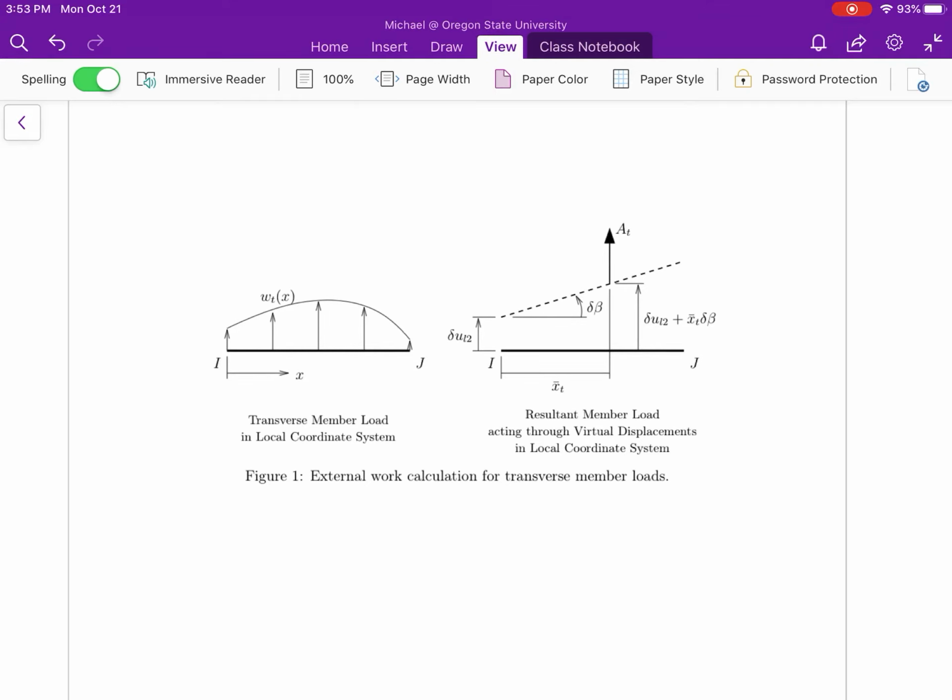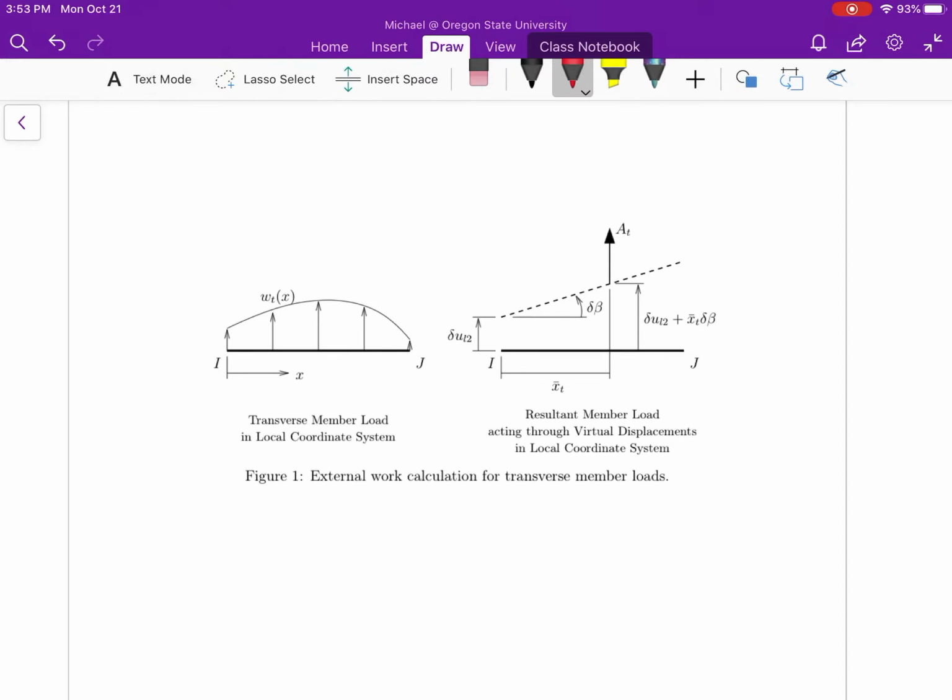So this is just looking at the transverse loads. We're going to have a resultant force, say A sub T, acting at some distance X bar T. And then the distance that this moves on the chord of the element: initially the chord is here.